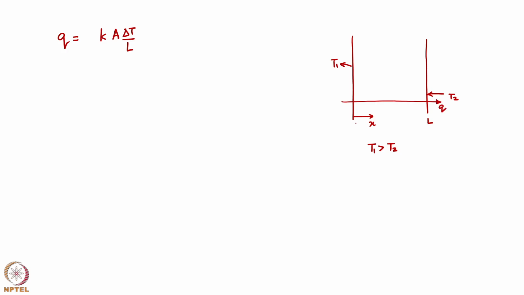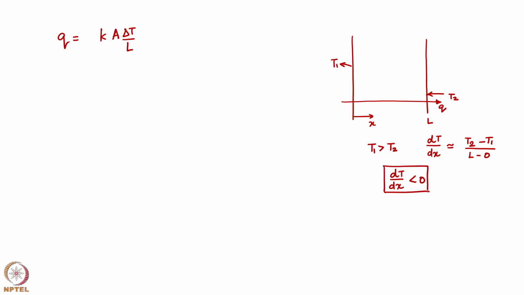Am I right? Temperature is decreasing from left to right, heat is flowing from left to right. So if I want to write dT by dx at the gross level, this is nothing but T2 minus T1 divided by L minus 0, and T2 is smaller than T1, therefore dT by dx is always less than 0.